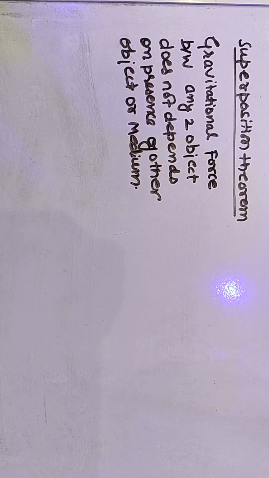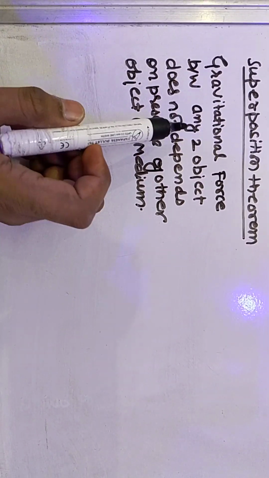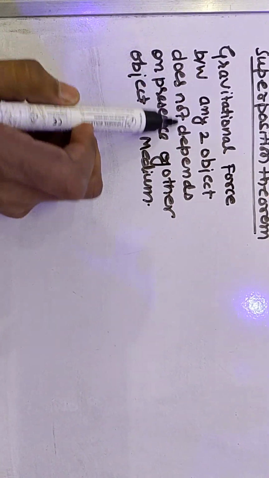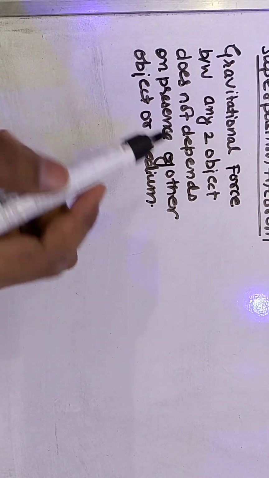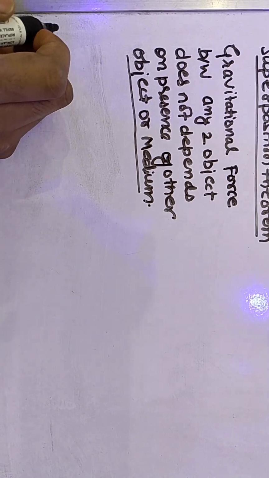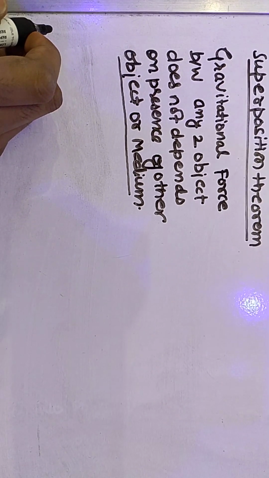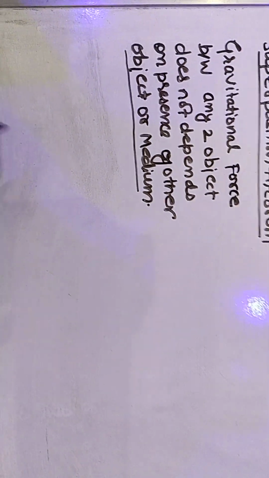Now we are going to discuss the superposition theorem. What does it say? It says the gravitational force between any two objects does not depend on the presence of another object or medium. Means the gravitational force between two objects or many objects does not change when any other object enters that system.